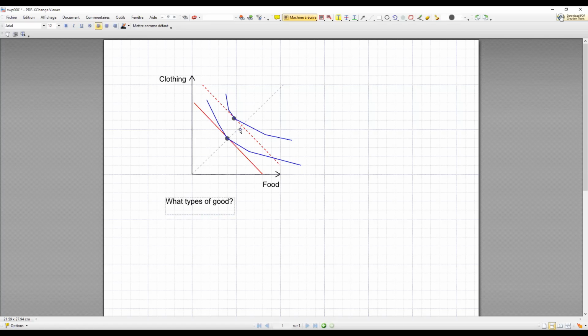Now, if I consume more clothing in proportion to my budget than before, and less food in proportion to my budget than before, then I know that clothing is a luxury good and food is a necessity.